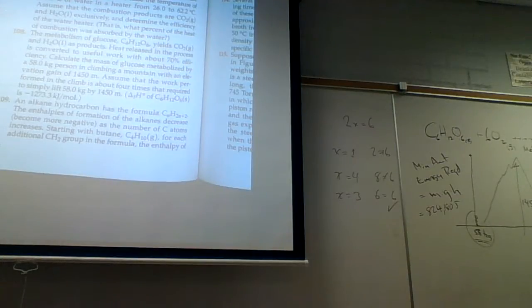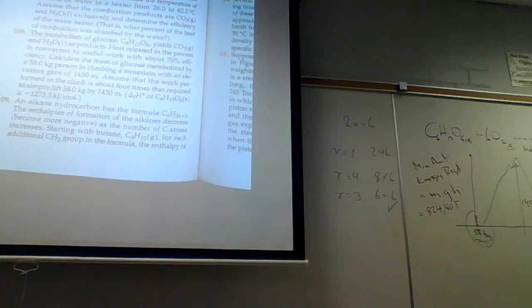For every 70 kilojoules required, we better bake in an extra 30, and so we better get 100. That way we can lose 30, right? And so this will be 70 kilojoules required, which requires a total of 100 kilojoules. And so we're going to need more glucose than expected.